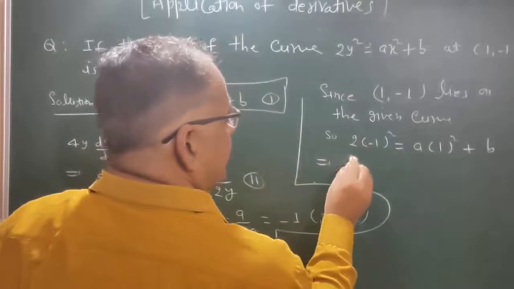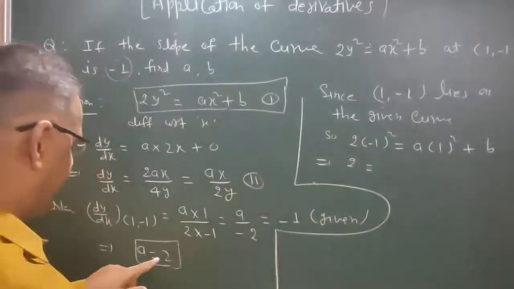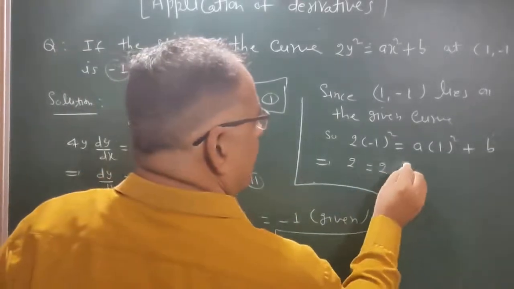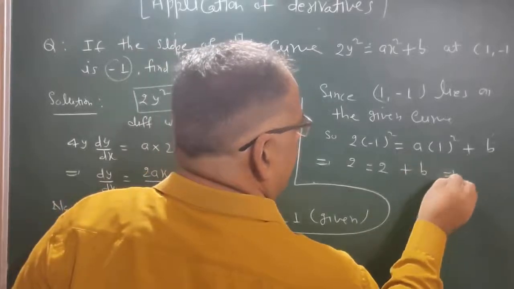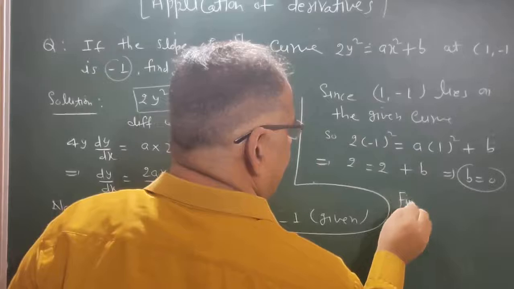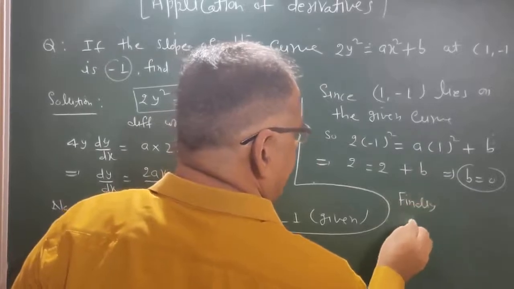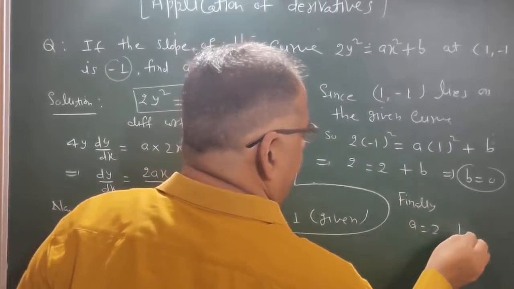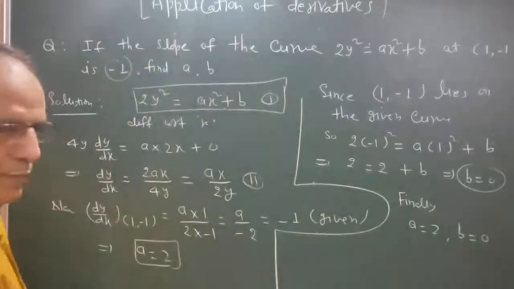In the next step, this becomes 2 equal to the value of a, which is again 2, plus b. So now we have b equal to 0. So finally a equal to 2 and b equal to 0.